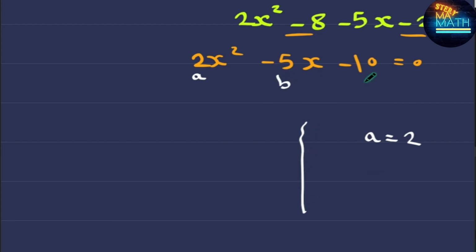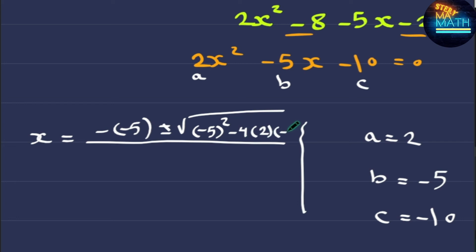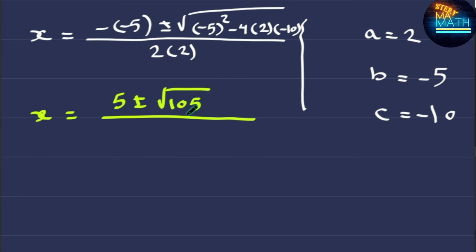Plugging into x equals negative b plus or minus the square root of b squared minus 4ac, all over 2a: negative times negative 5, plus or minus the square root of negative 5 squared minus 4 times 2 times negative 10, all over 2 times 2. Under the square root, negative 5 squared is 25, and negative 4 times 2 times negative 10 is 80. So under the square root you have 25 plus 80, which is 105.